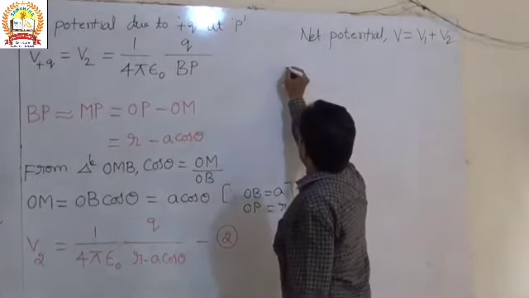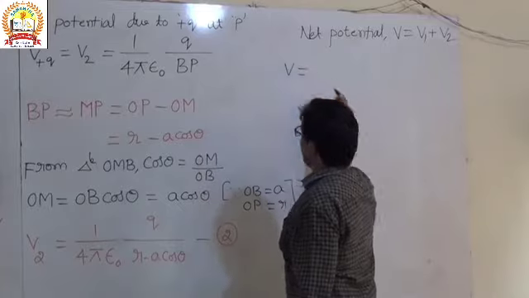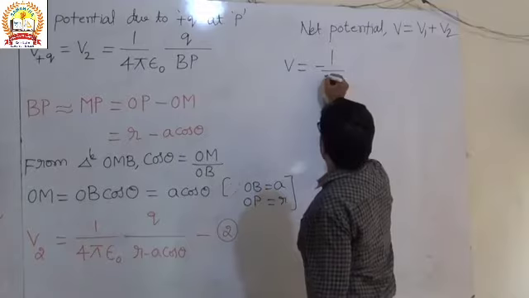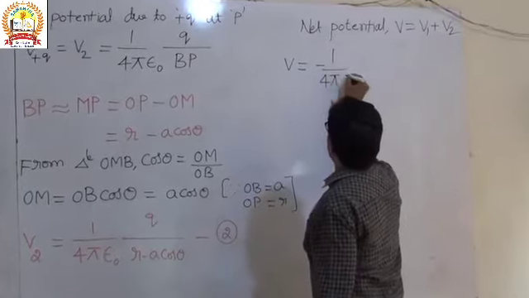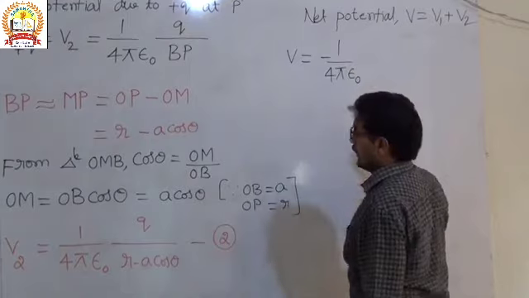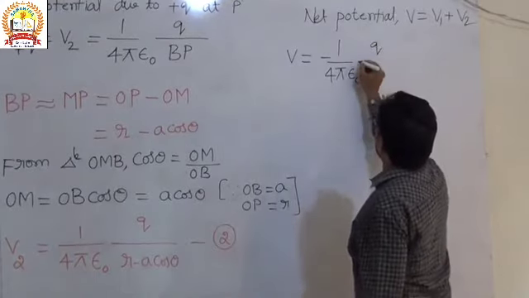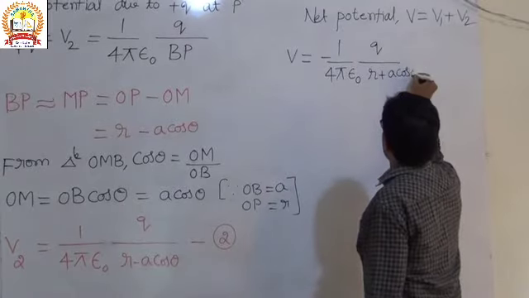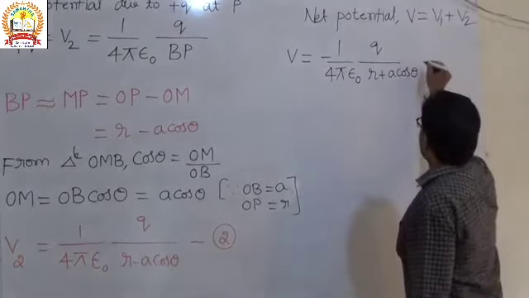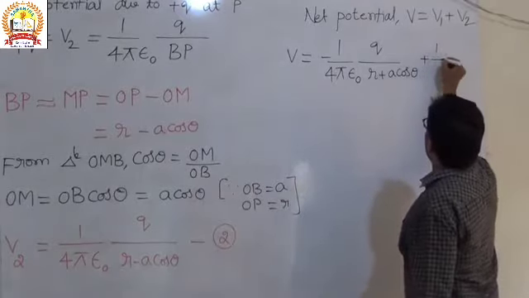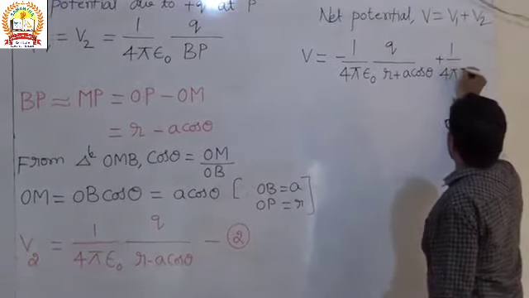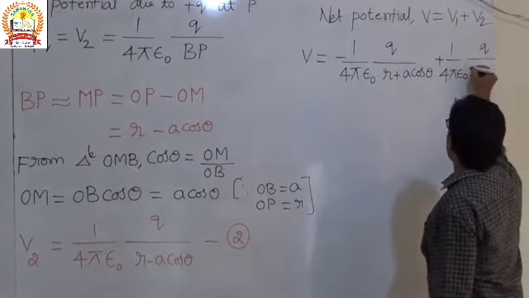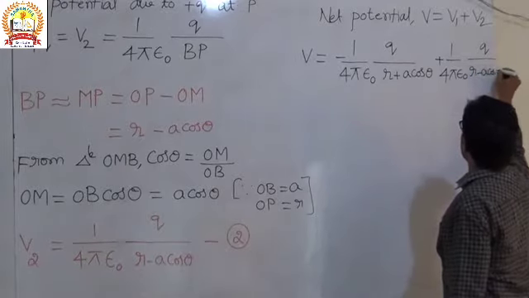Then V is equal to V1, which is minus 1 by 4 pi epsilon naught Q by R plus A cos theta, plus V2, which is 1 by 4 pi epsilon naught Q by R minus A cos theta.